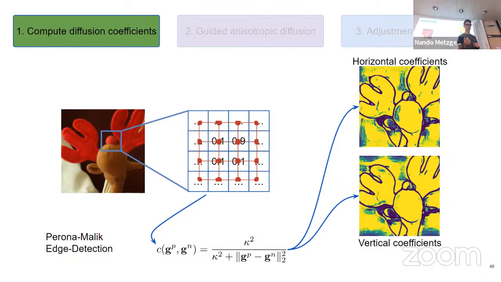In practice, it's the Perona-Malik edge detection function, but you can just think about it as a classic edge detection function. It's just formulated in a complicated way. So you get the horizontal and the vertical coefficients. You can, of course, also visualize it in one image, but I decided to separate it.